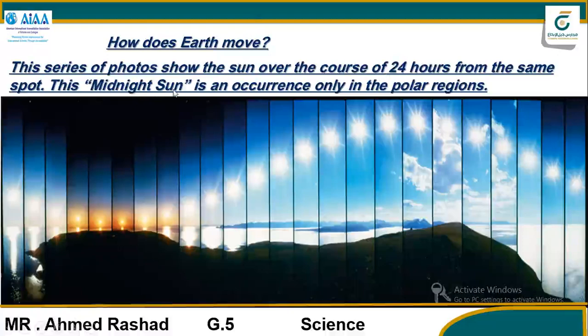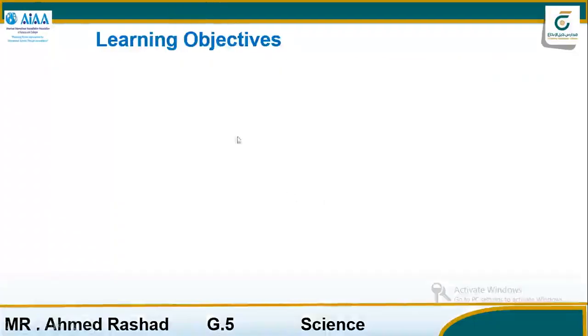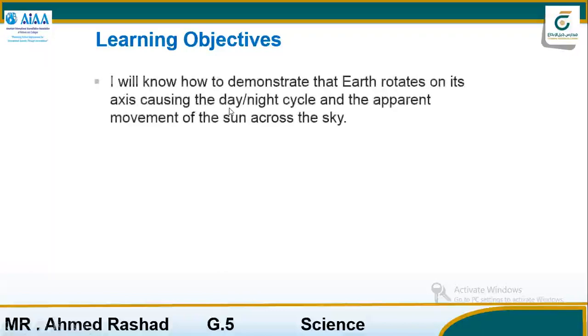This midnight sun is an occurrence only in the polar regions, in the North Polar or South Polar. This picture collects the photos to describe the position of the Sun around the 24 hours.